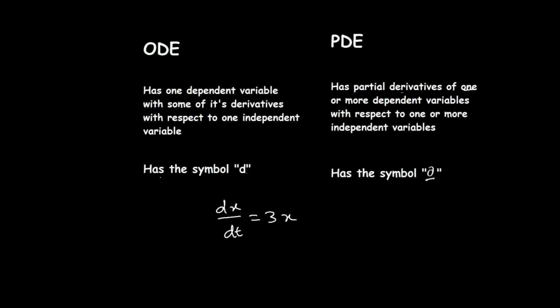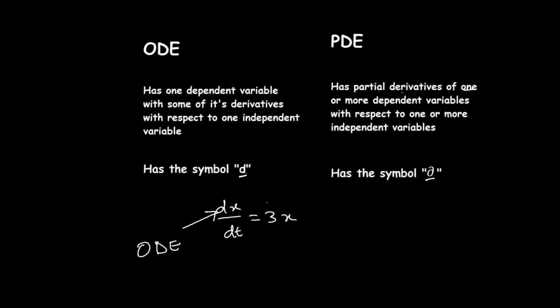From the symbols, we know that ordinary differential equations have the symbol d, and partial differential equations have the curved d, or del. Looking at this equation, the symbol in it is d, so this is an ordinary differential equation.